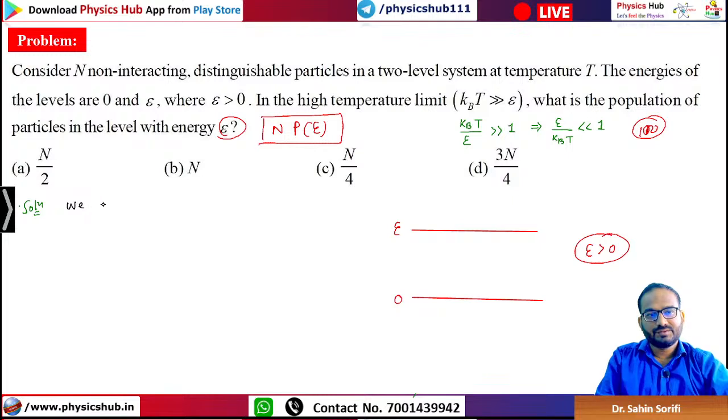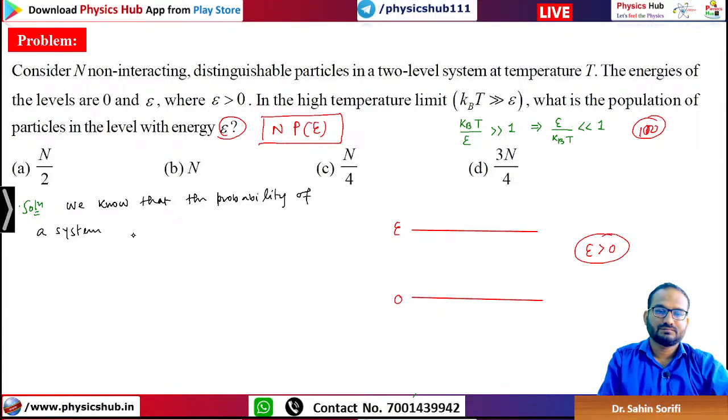So what do we know? We know the probability of the system to be in a state with energy E_i.